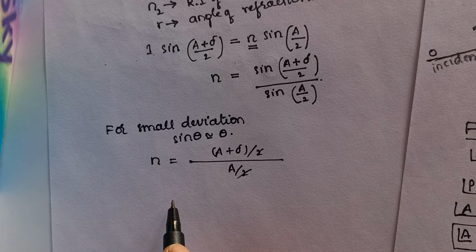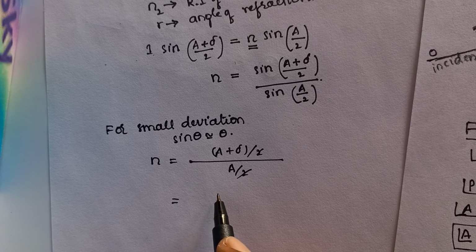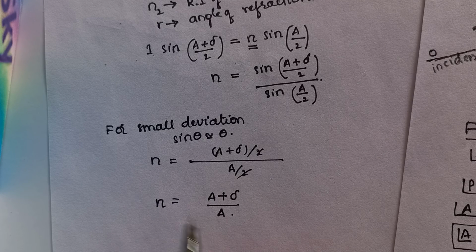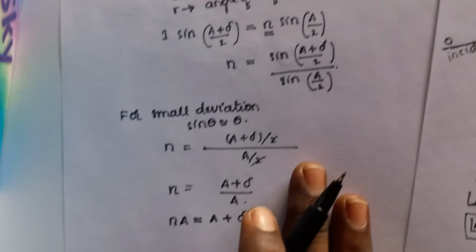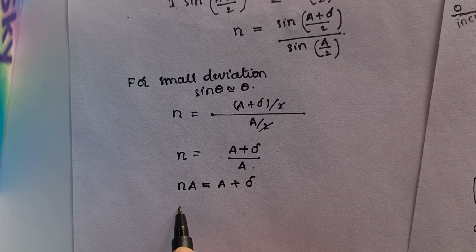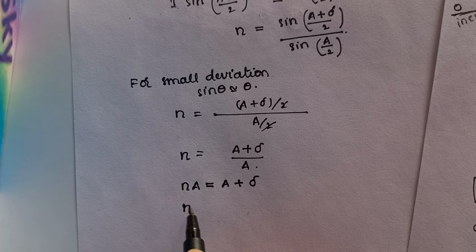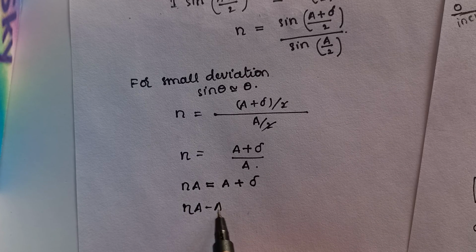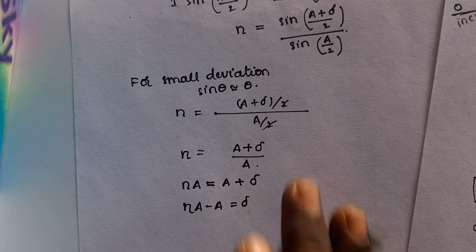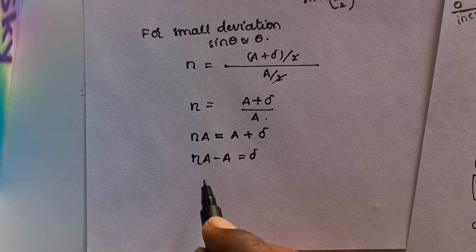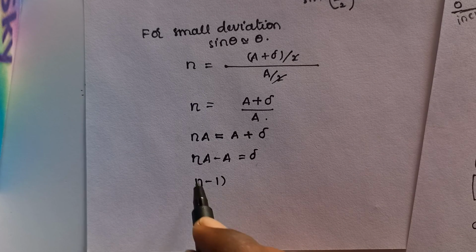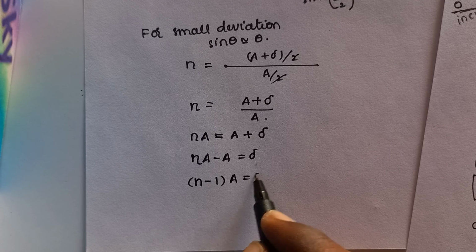The halves get cancelled, then it is A plus delta by A, this is N. So when we cross multiply, N A is equal to A plus delta, so N A minus A is equal to deviation, or you can write N minus 1 into A is equal to deviation.